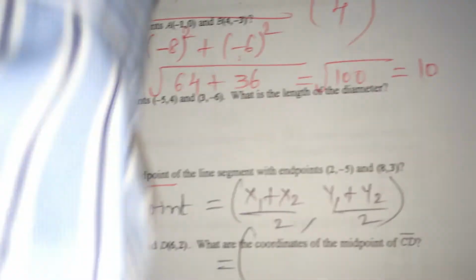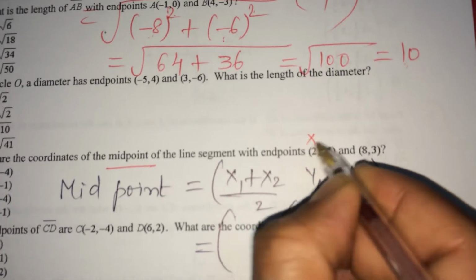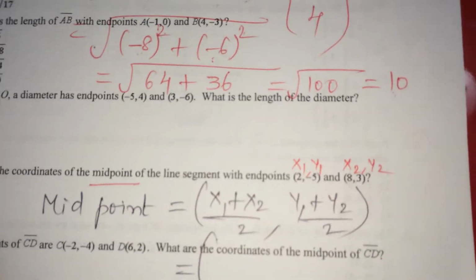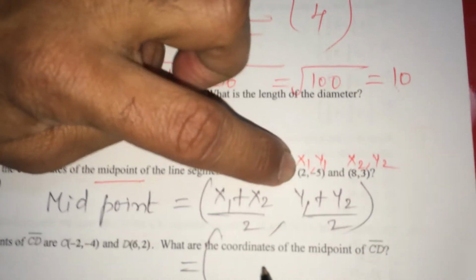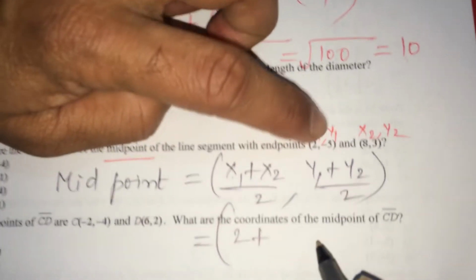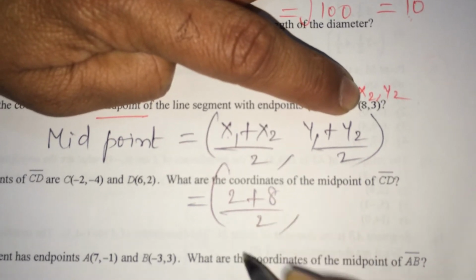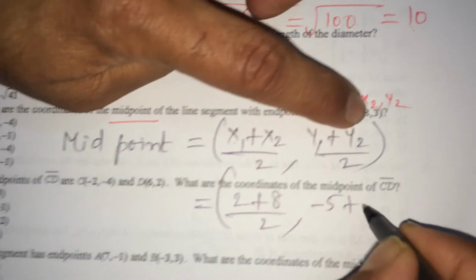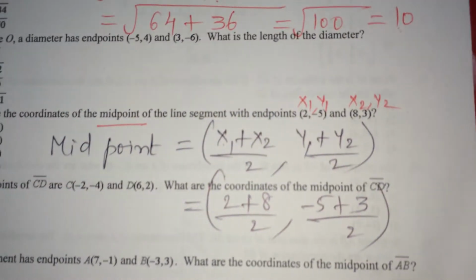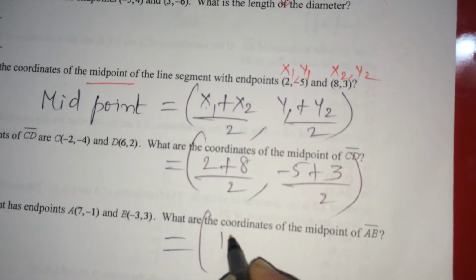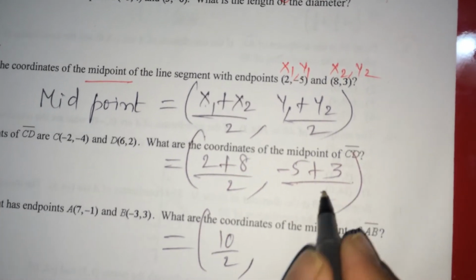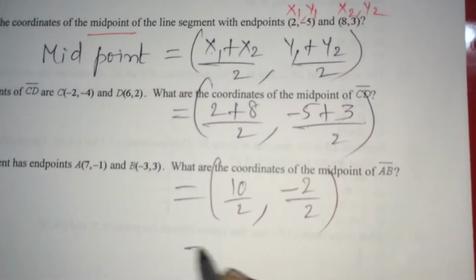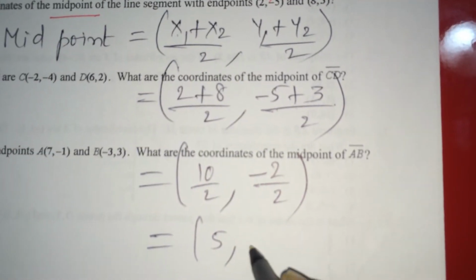First I have to label these points x1 y1, x2 y2 for the given points, so x1 is 2 here plus x2 is 8 over 2, and y1 is -5 plus y2 is 3 over 2. On simplification, 2 plus 8 is 10 over 2, -5 plus 3 on calculator gives us -2 over 2. Therefore 10 over 2 is 5, and I get -1.